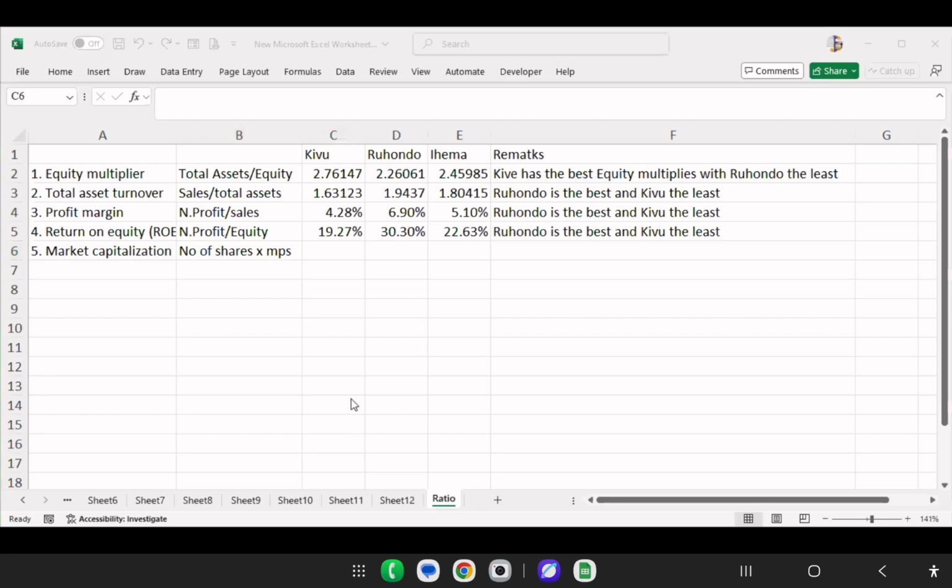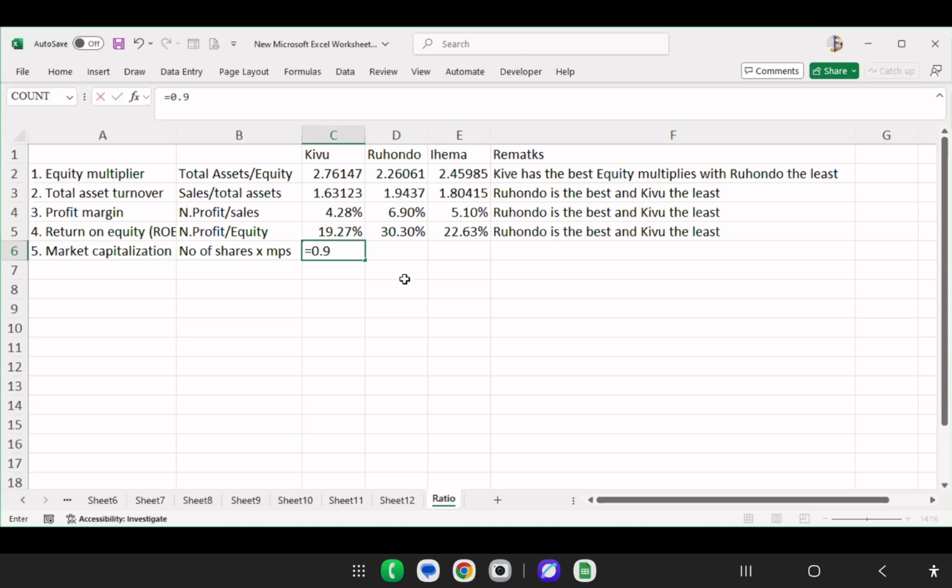In the question, do we have the number of equity shares? Let me see. Shares outstanding is 0.9. So I have 0.9, 48.8.